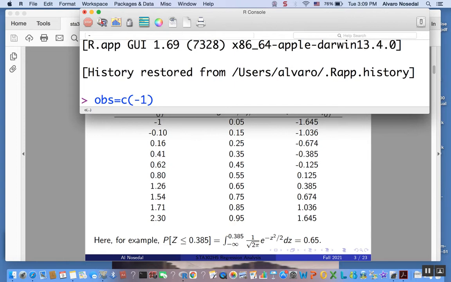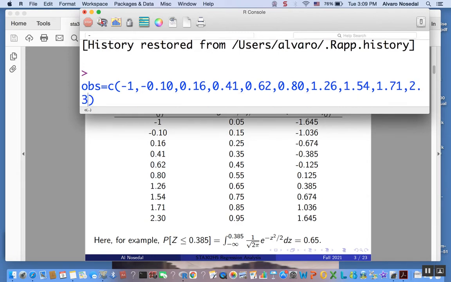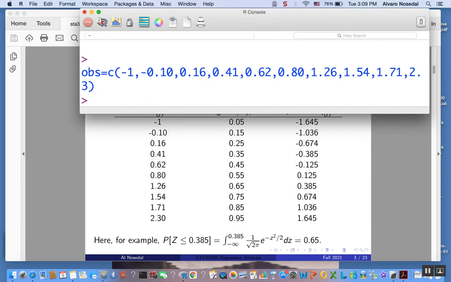First observation, negative 1, negative 0.1, 0.16, 0.41, 0.62, 0.8, 1.26, 1.54, 1.71, and 2.3. Okay.